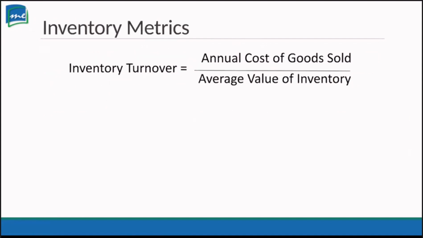The first metric I'd like to introduce is the inventory turnover. This is the most common metric we use when we mention inventory management. It talks about how a company uses its inventories, and it equals the annual cost of goods sold divided by the average value of the inventories.